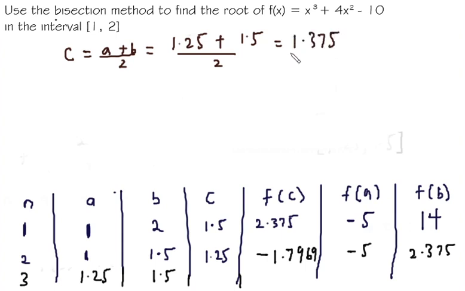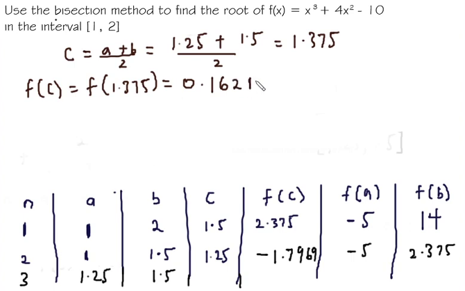Okay, so we know that f of C is equal to f of 1.375. So if you plug 1.375 into this, we get 0.1621. Okay, 4 decimal places. So this is not equal to 0.